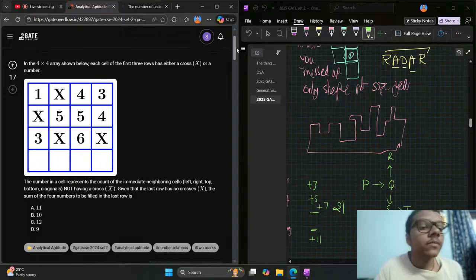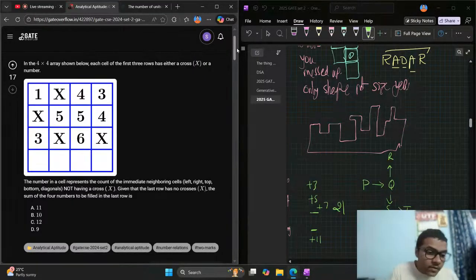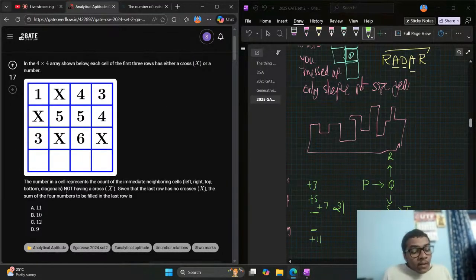In any 4x4 array shown below, each cell of the first 3 rows has either a cross or a number. Each cell of the first 3, okay. The number in a cell represents the count of the immediate neighbor cells that do not have a cross.